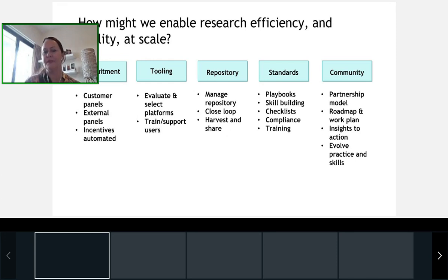So having playbooks and building skills, ensuring that we're complying, having supervision of it as well, and having a whole community as well. As we democratize, as more people are involved in understanding consumers, then we have to evolve our skills, evolve the practice, have clarity on where we're investing our time, and make sure that we're spending it well.